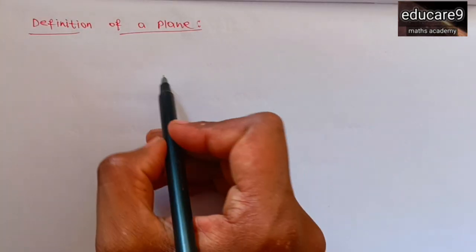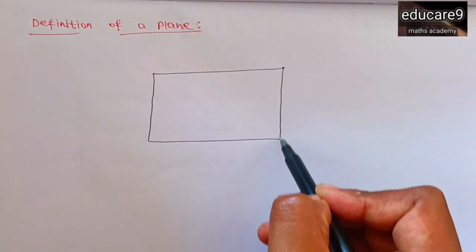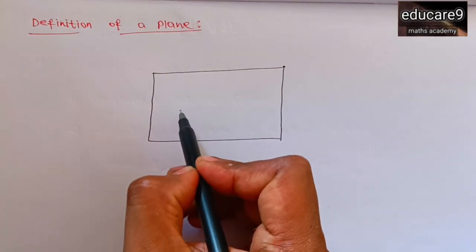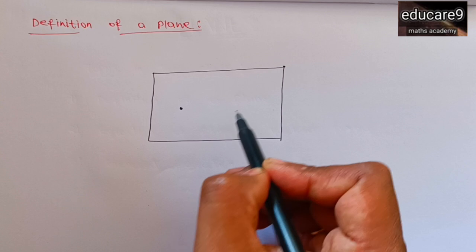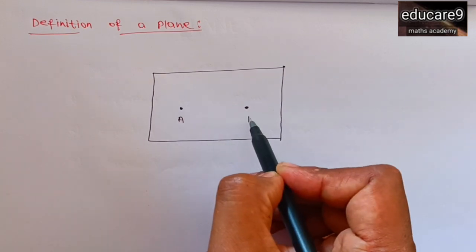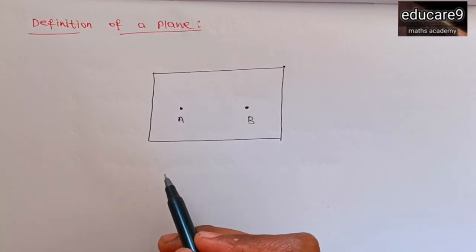Simply, a plane is a surface satisfying this condition: if you take any 2 points on the surface, say point A and point B, then the line joining these 2 points lies entirely on the surface.